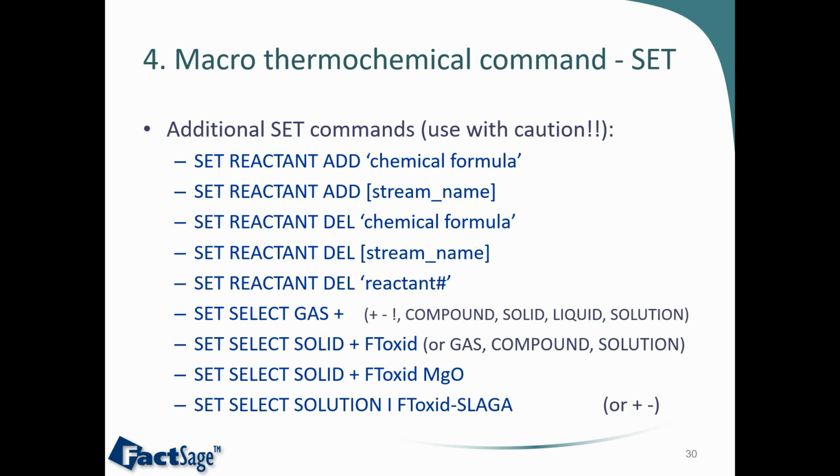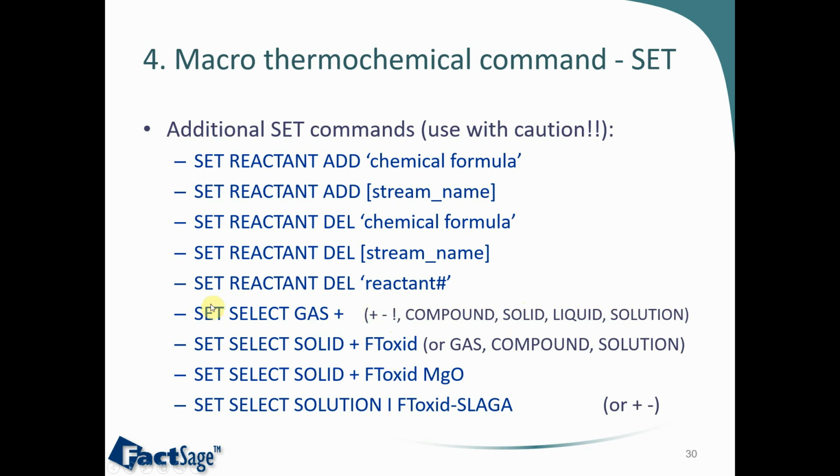You can modify the species and phase selection by using the command set select, followed by the type of product that you want to modify. For example, gas for gas species, compound for all compound products, including gas, pure liquid, and pure solid species, solid for only pure solid species, liquid for only pure liquid species, and solution for all solutions, followed by the symbol plus to select, minus for unselecting, or exclamation mark for making metastable.